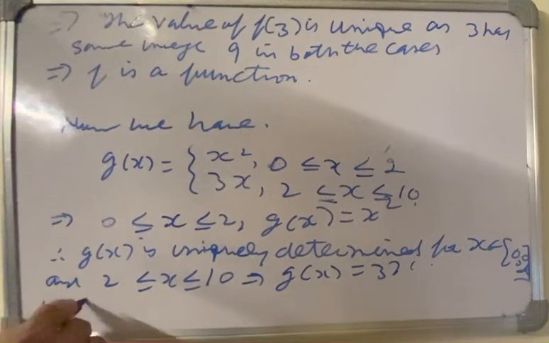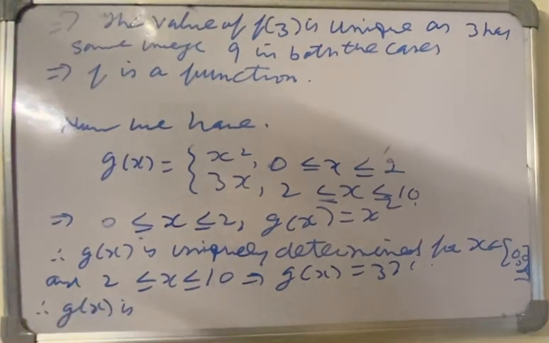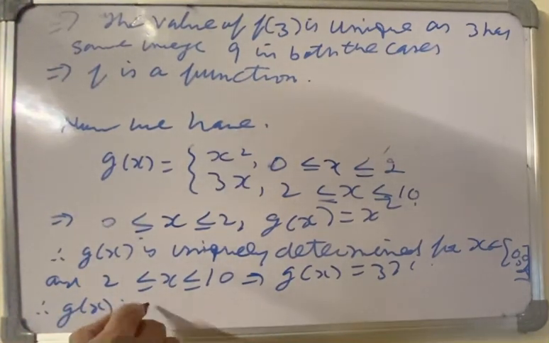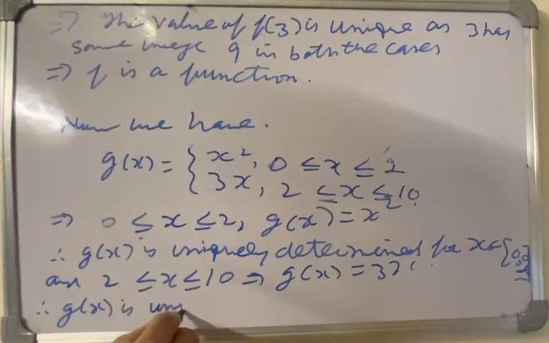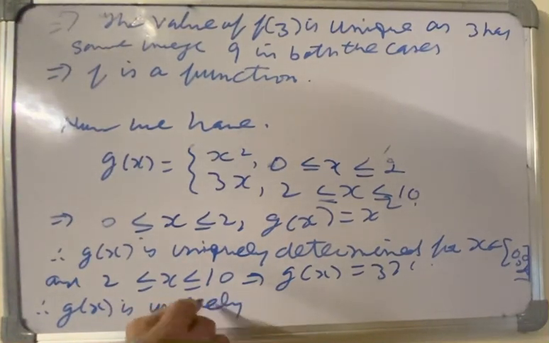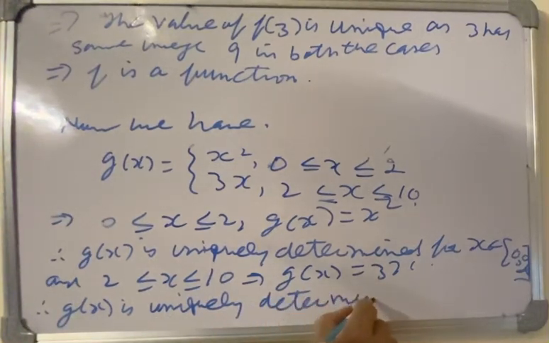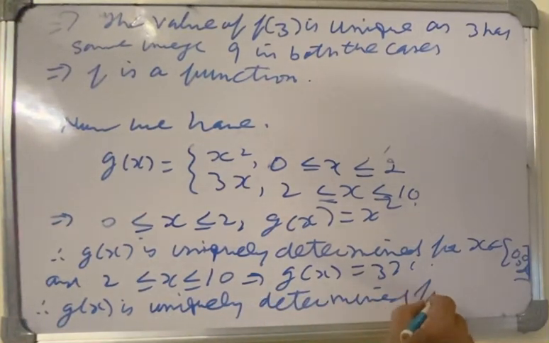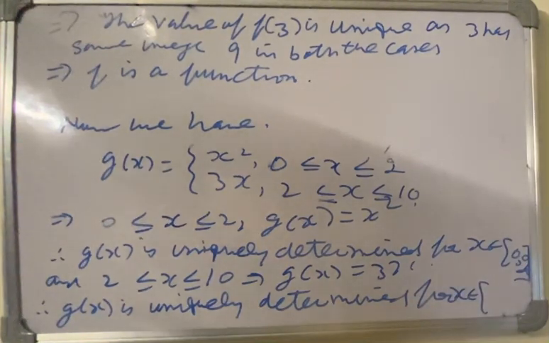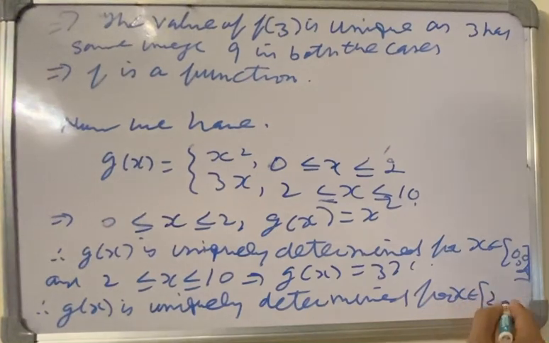Therefore, g(x) is uniquely determined for x belonging to closed interval 2 to 10.